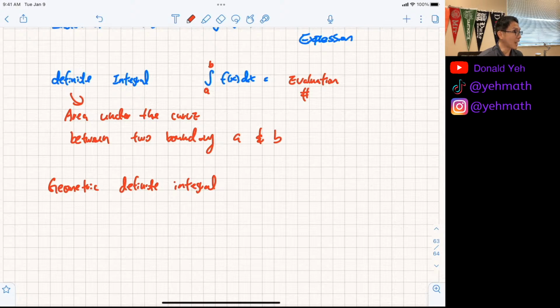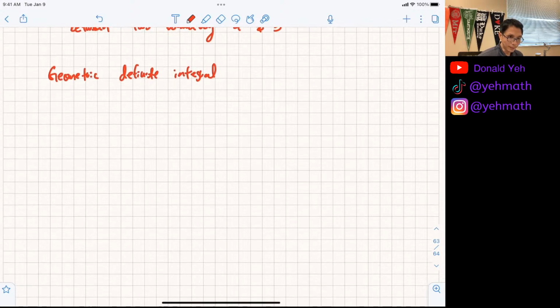There's a question that is so beautiful that if you do the arithmetic evaluation, you're actually not going to get the right answer. But if you have a geometric understanding, you can get the right answer. We're going to get to it tomorrow. It's a meme problem. Okay? So we're going to talk about that tomorrow. But today, let's talk about simple things.